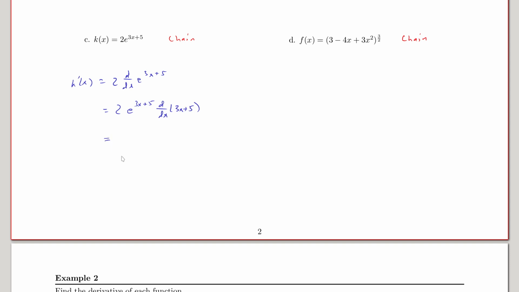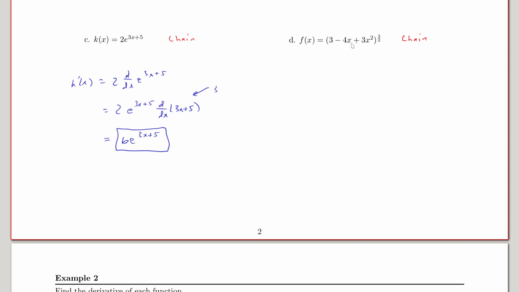And then this is just 3. So 2 times that 3 would give me 6e to the 3x plus 5. And that's it. So the chain rule for e to the stuff is always just e to that stuff times the derivative of that stuff. So your inner function here is 3x plus 5.